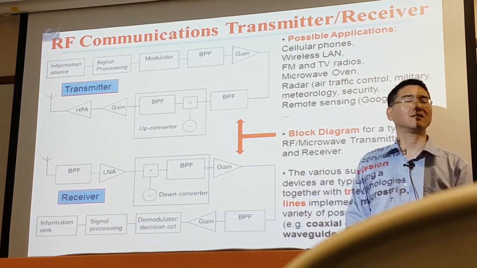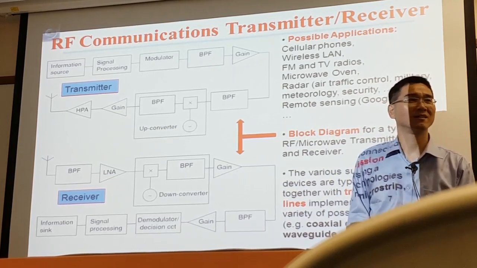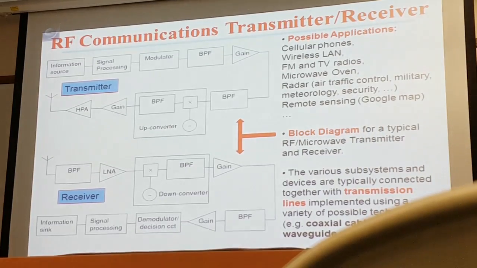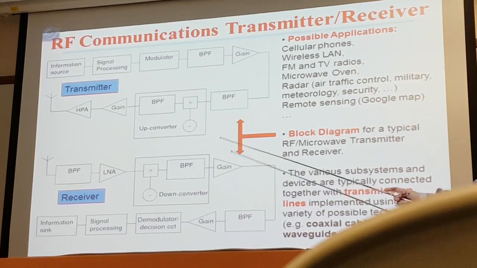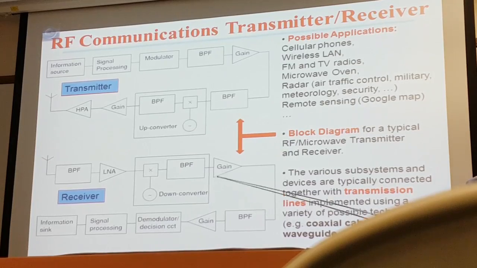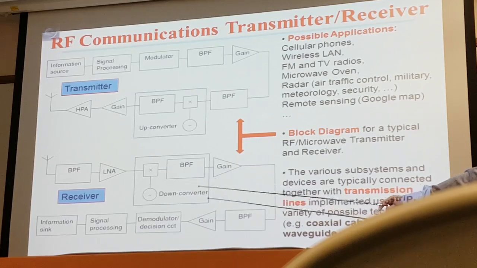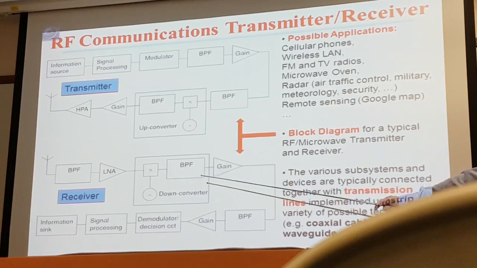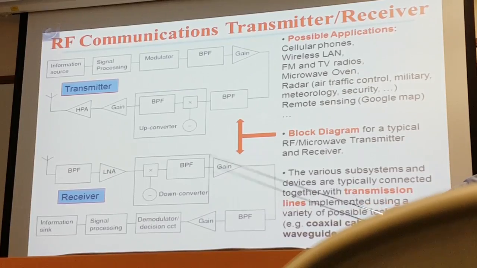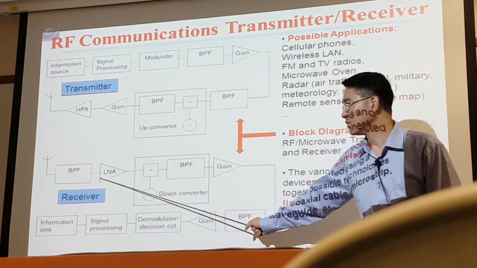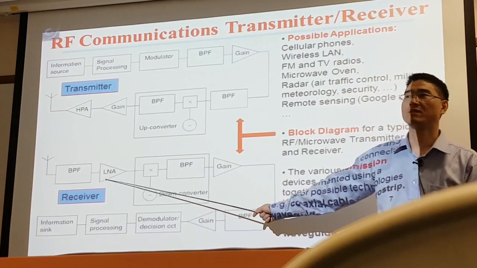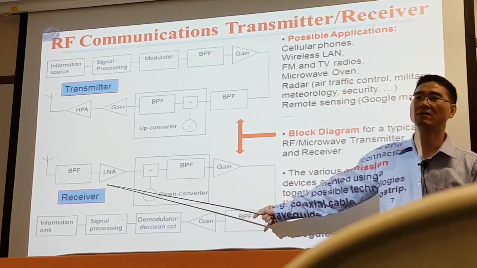Sensitivity means the lowest power level, below which the Wi-Fi signal will not be stable. Maybe around minus 90 dBm. That level is the sensitivity. So this is a component highly related to the sensitivity.